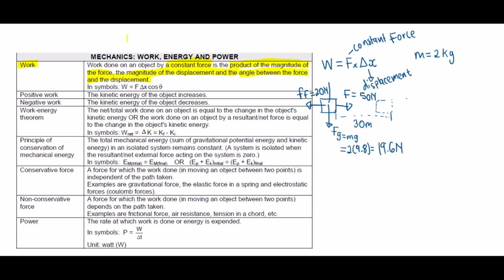The normal force is the same as the gravitational force in this situation. So if we are asked to calculate the work done by each force, that is the starting point. We need to look at the work that is done by each force.